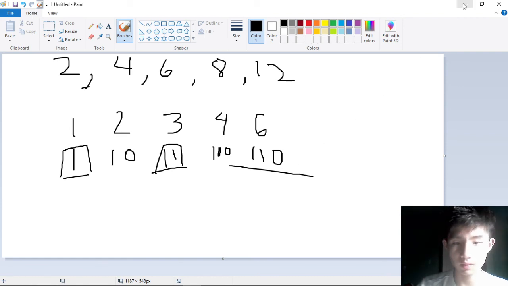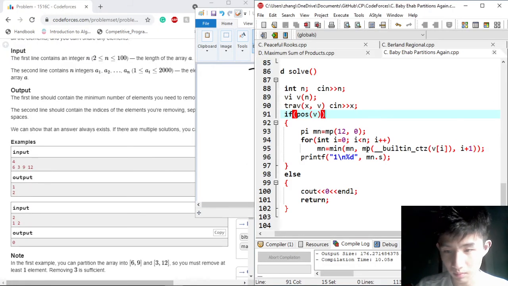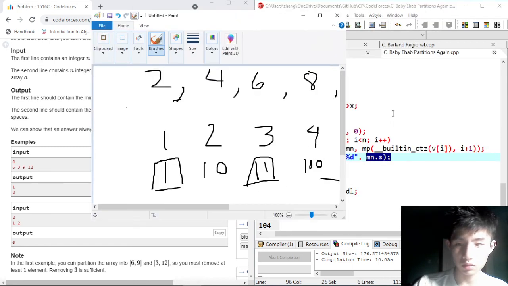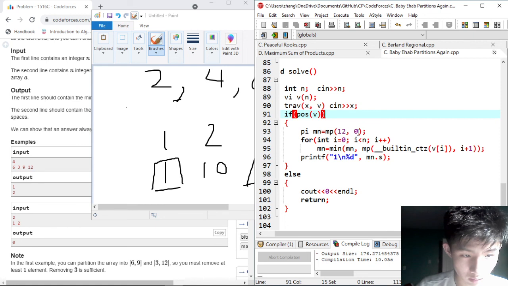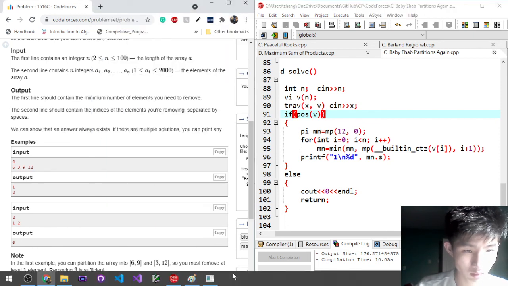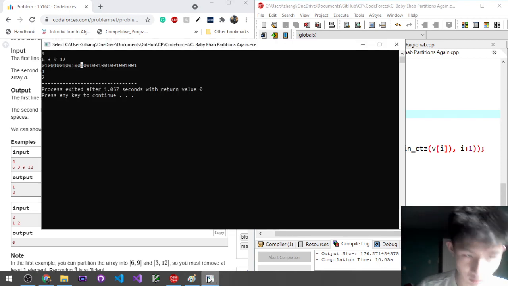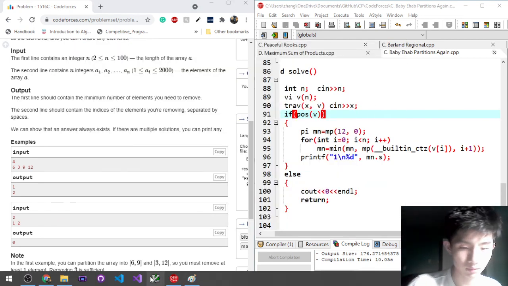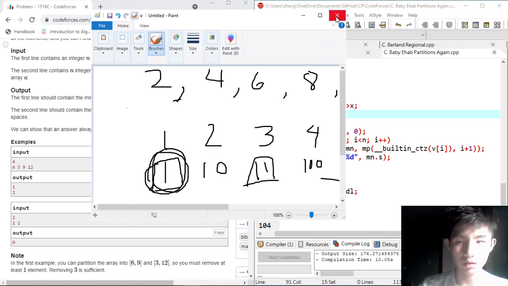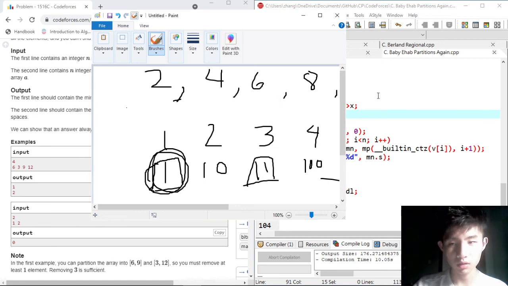So minimum, and basically you are given, wait, 1, 2. So it just gives you the lowest 1. So this would be the lowest least significant bit. And so yeah, that'll be it.